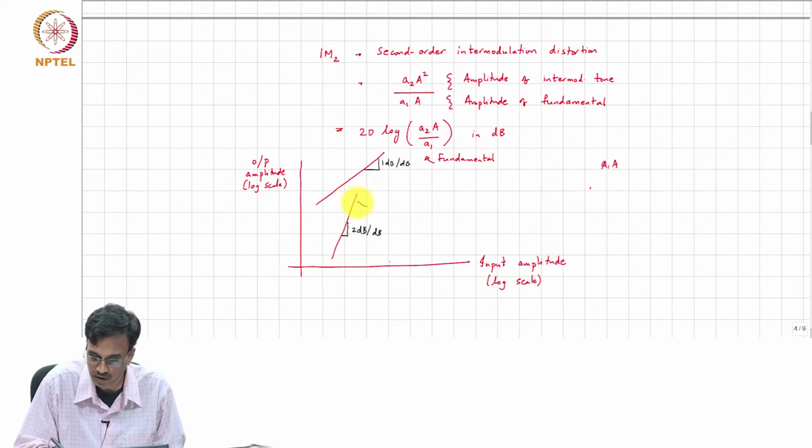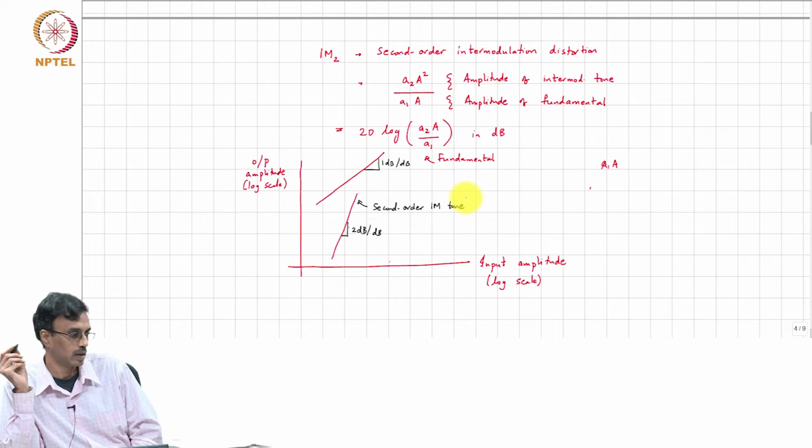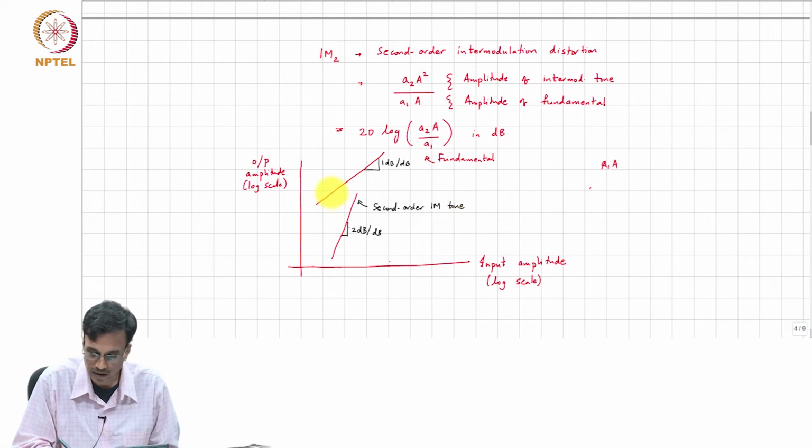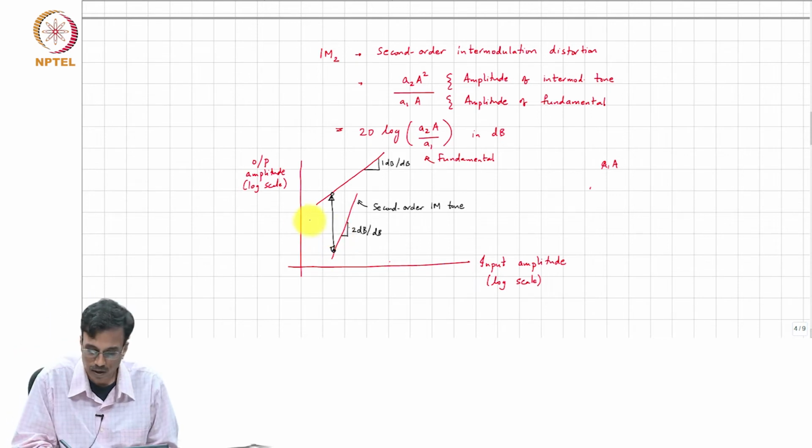So, this is nothing but the second order IM tone, right, and for a given amplitude, this difference is the IM2 in dB.